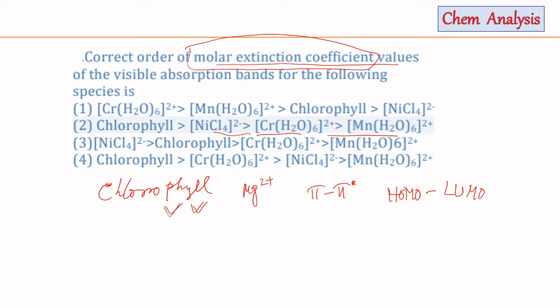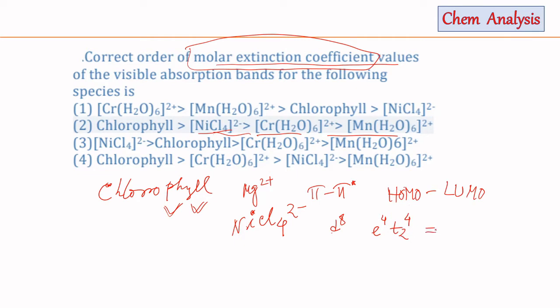Now, next, NiCl4 2- is a tetrahedral complex. Due to d-p mixing in tetrahedral complexes, the electronic transition is allowed, that is Laporte allowed. In NiCl4 2-, nickel is in +2 oxidation state, that means it is a d8 complex, and the electronic configuration will be e4 t2 4.